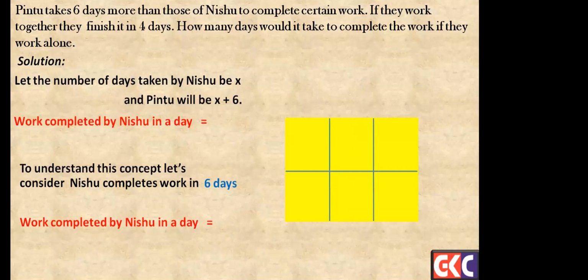Yes or no? So I divided it into 6 parts. Now, in a day how much will it be? In a day it is going to be 1/6. In a day it has to be 1/6, because that is how the sum is going to be.